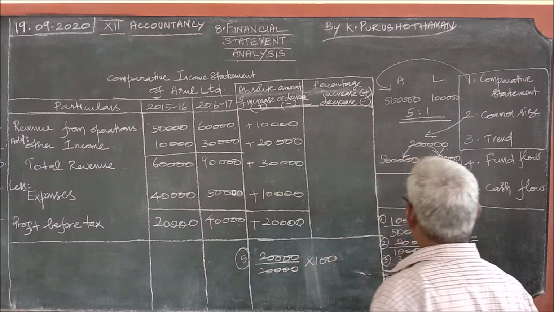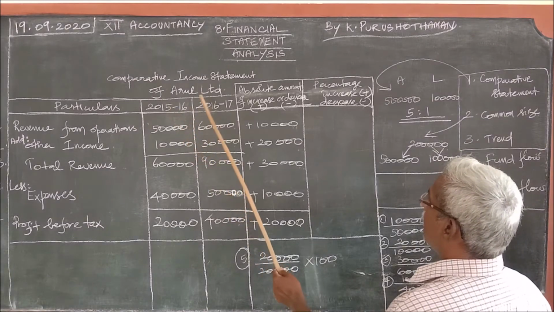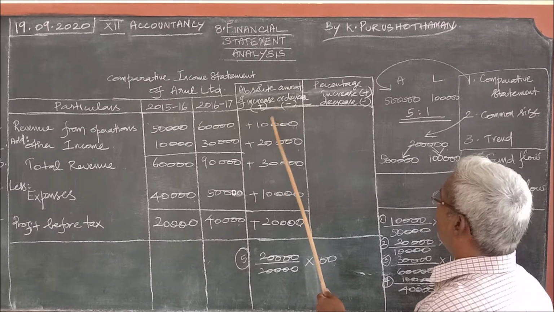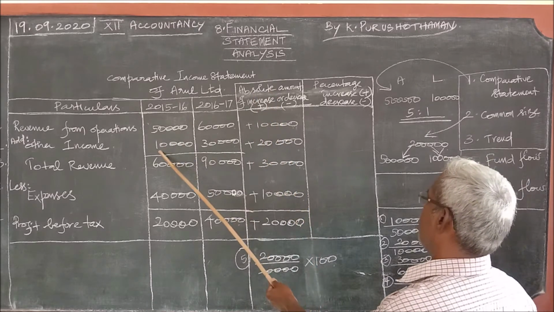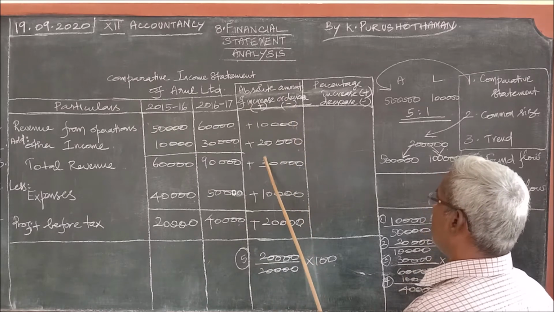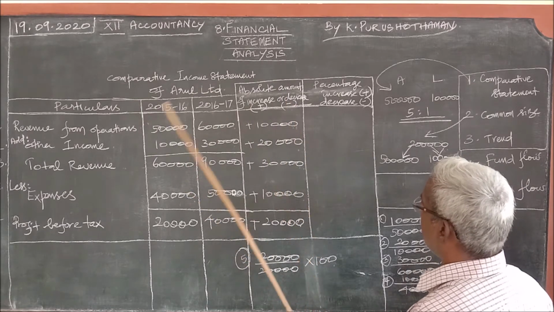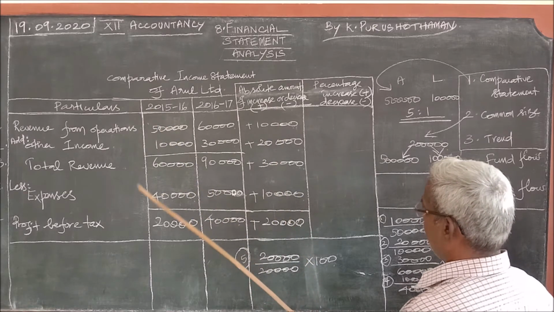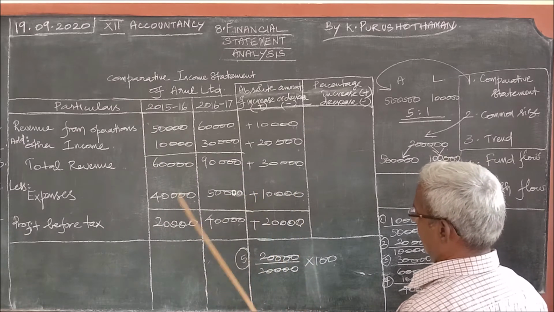Generally, what idea have you found? This is the first year, this is the second year, say for example. This is the increase or decrease by the first year.